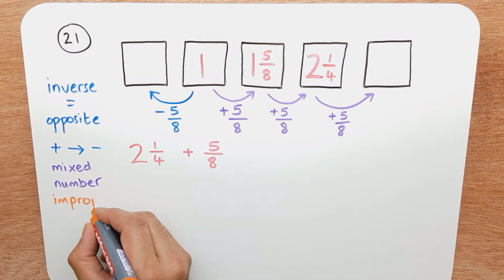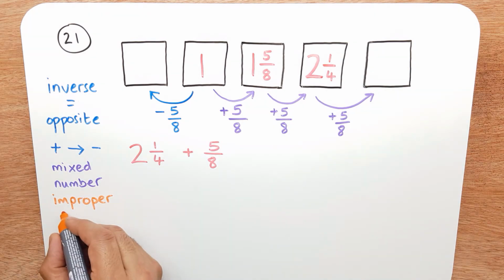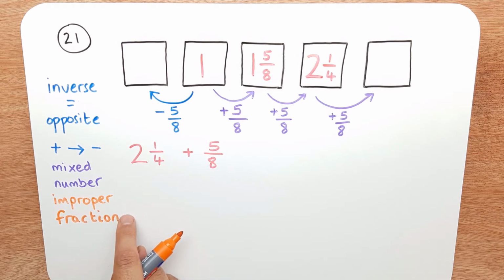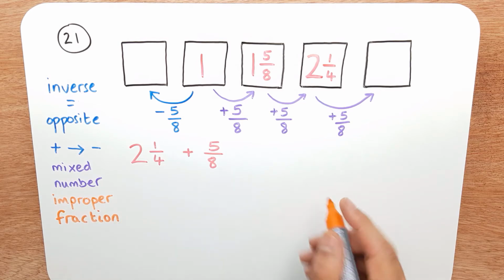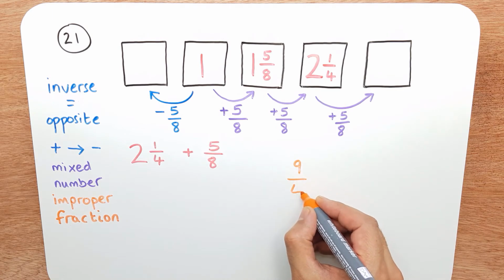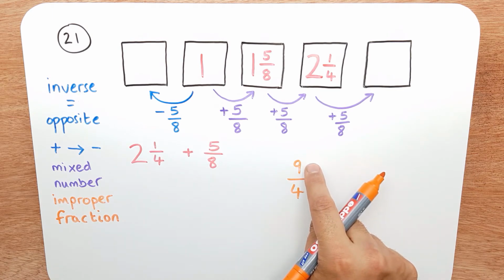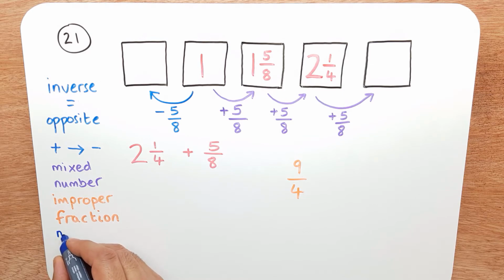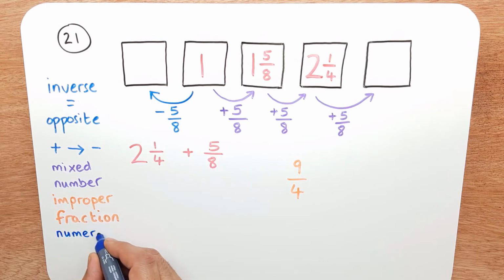Improper fraction. All that means is the numerator, which is the top part, is bigger than the denominator. So let me write these words down. Numerator and denominator.